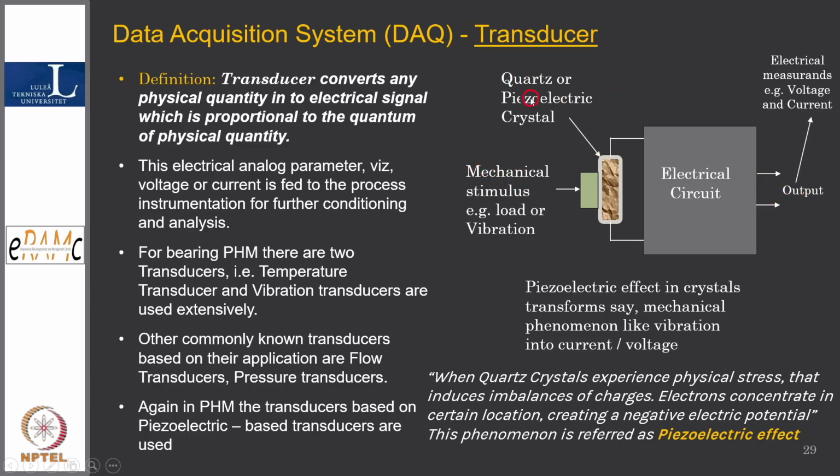This is what our transducer is, giving electrical analog parameters. So what is the definition of a transducer? A transducer converts any physical quantity into an electrical signal which is proportional to the quantum of the physical quantity. So that means the choice of the quartz will depend on where the linearity is.